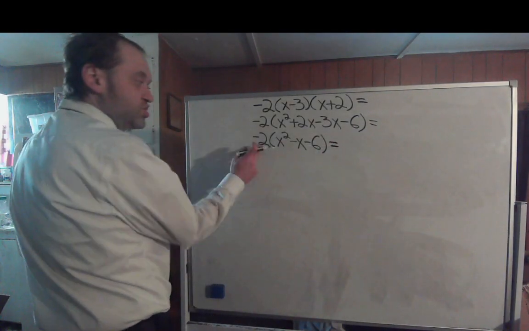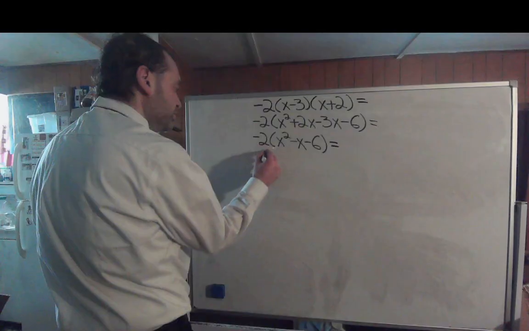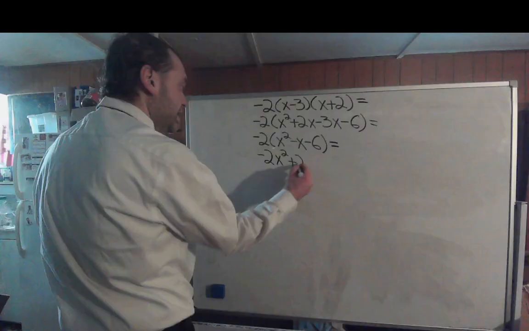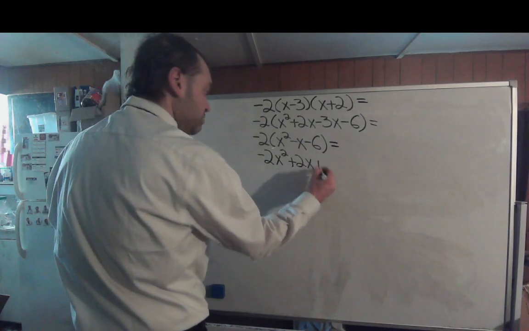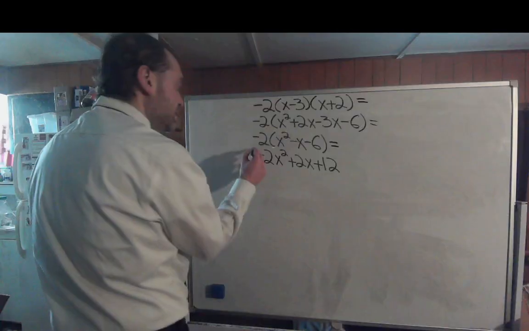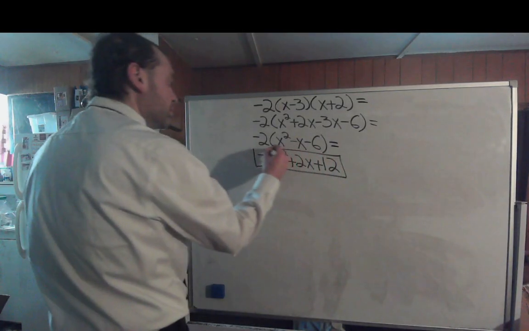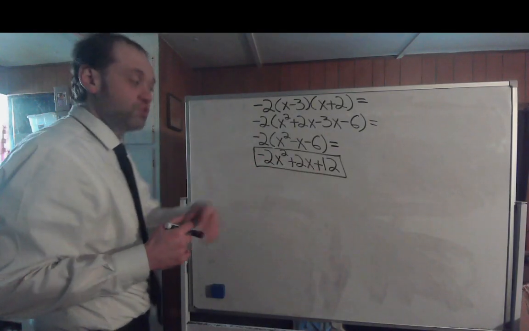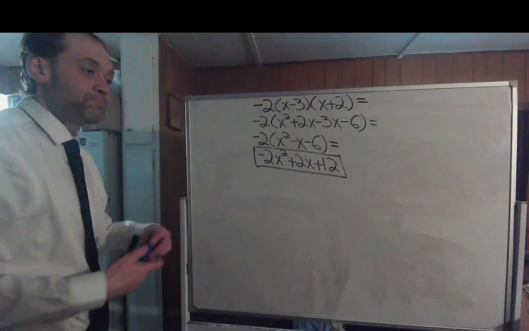So now you can distribute that negative 2 all the way through. You'll get negative 2x squared plus 2x plus 12. So that's all the foiling work here. So you get negative 2x squared plus 2x plus 12 as your final answer.